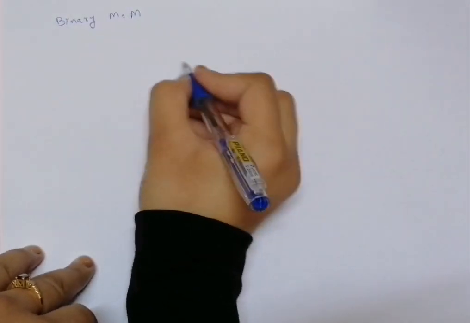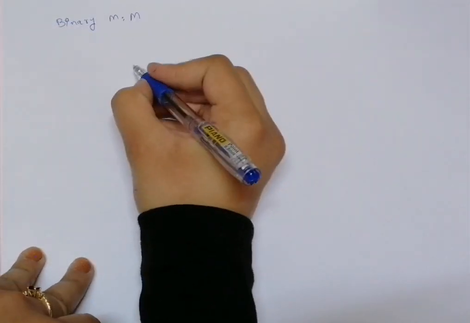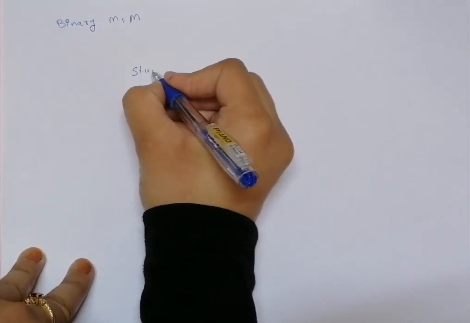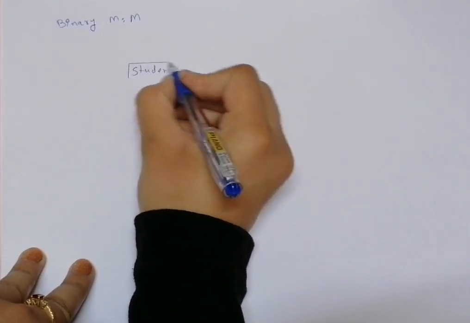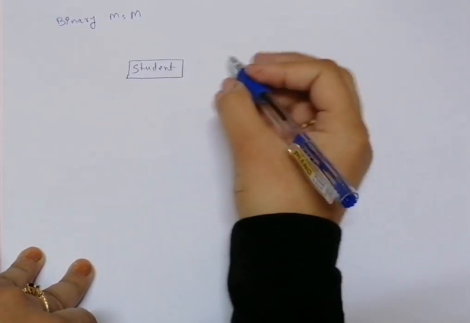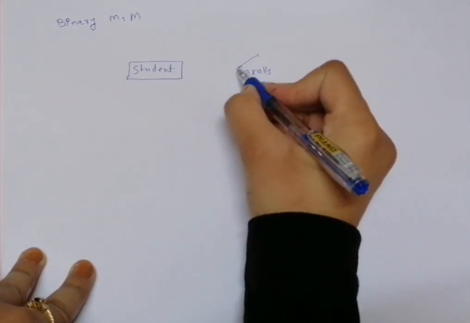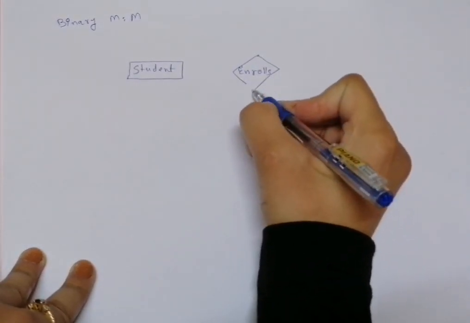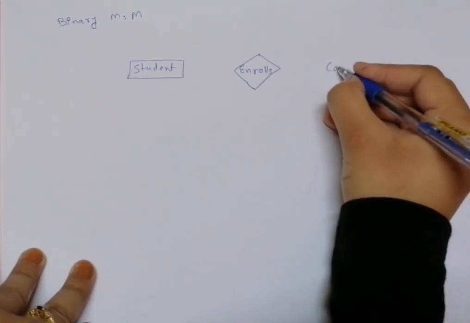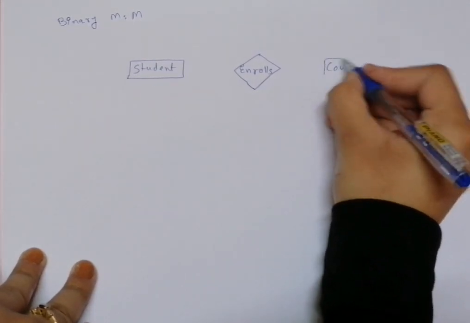Okay, so in order to explain this type of relationship, let's consider an example of a student. Let's say a student enrolls in a particular course or subject.